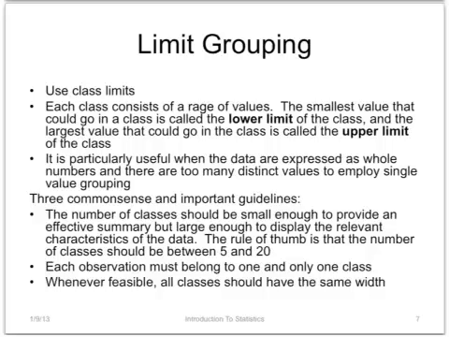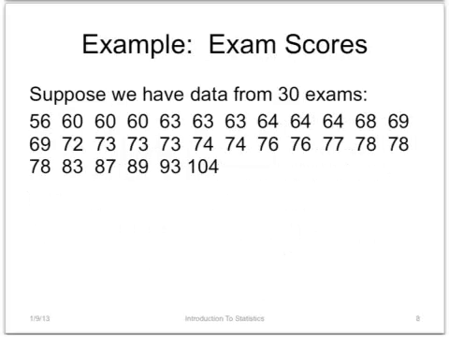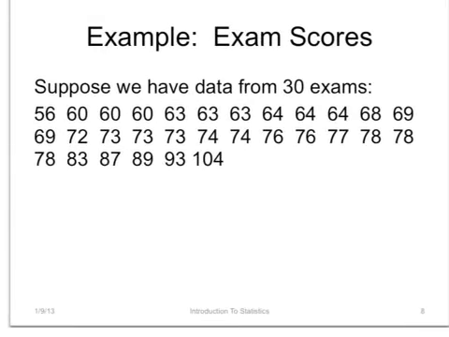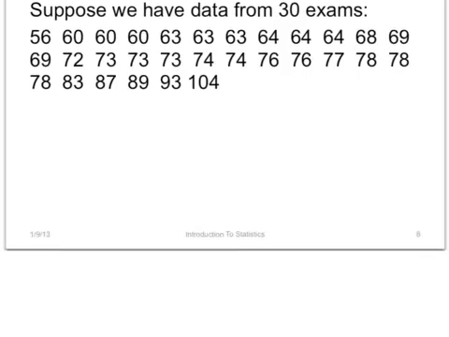Okay, so let's take a look at the data when we have these exam scores. Here I have 30 exam scores, and in this case the data is already sorted, so that helps us out. Now what we would like to do is form our group frequency table.